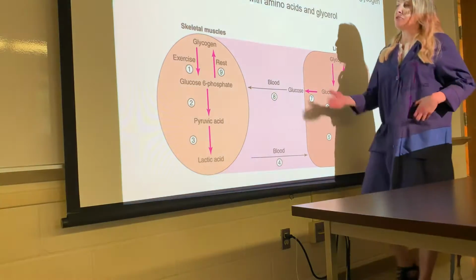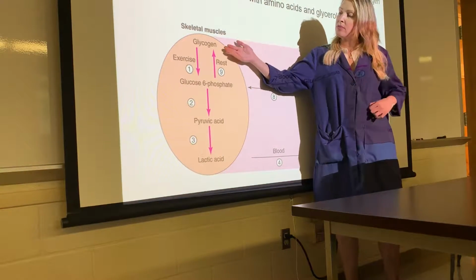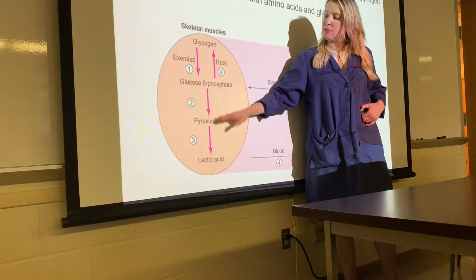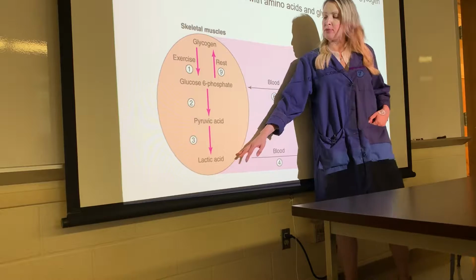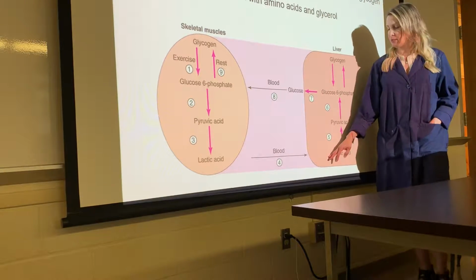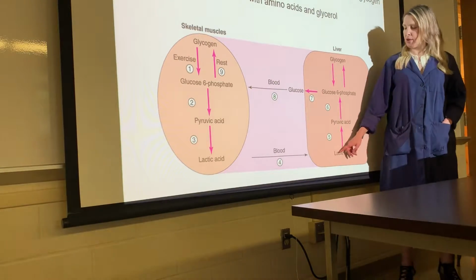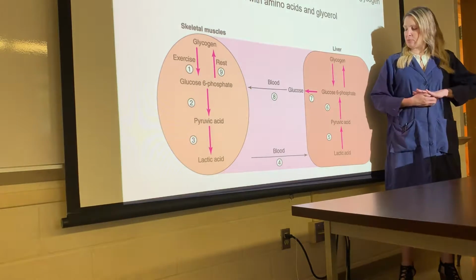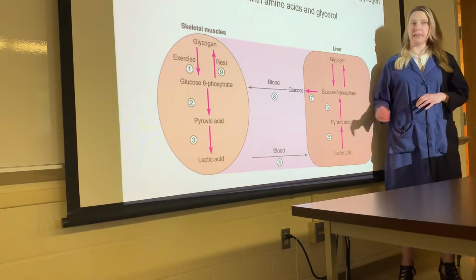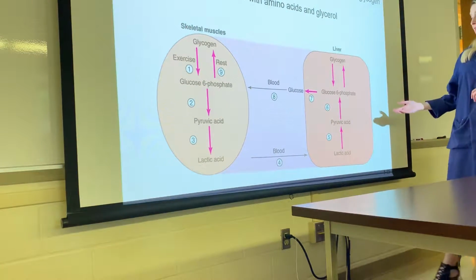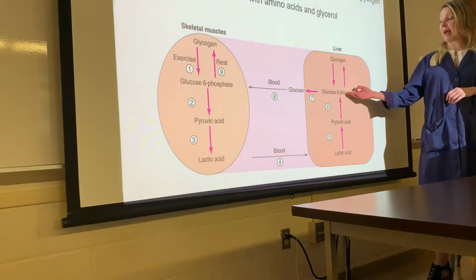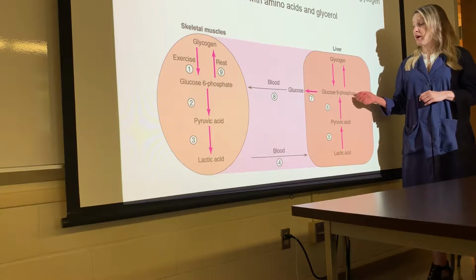So again, skeletal muscle cells exercise, they produce pyruvic acid, there's not enough oxygen available, they produce lactic acid, which is released in the blood, picked up by the liver cells, and then lactic acid will be oxidized back to pyruvic acid, and then pyruvic acid ultimately will be converted back to glucose 6-phosphate.